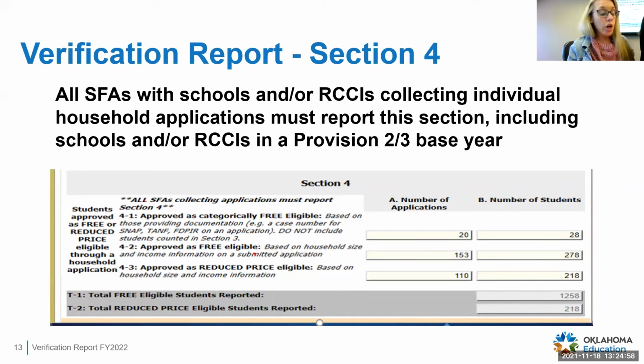So the instructions in the eligibility manual say in column B, as of the last operating day in October, on 4-1B, 4-2B, and 4-3B. Yes, they all say as of the last operating day in October.